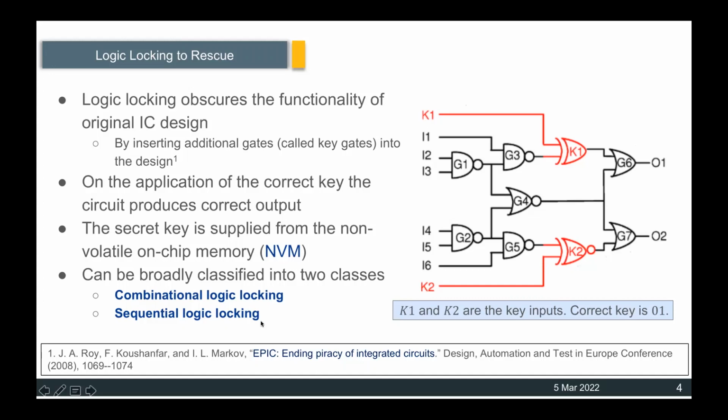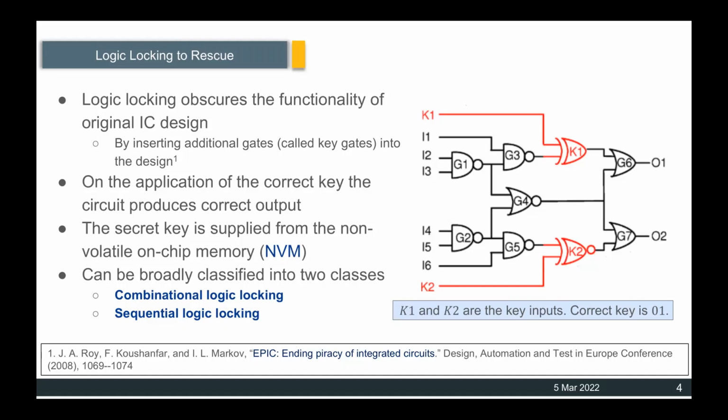So this was a famous paper published way back in 2008 by a group led by Koushanfar, and it showed that you can involve such logic locking techniques to really increase the trust in our IC circuits.